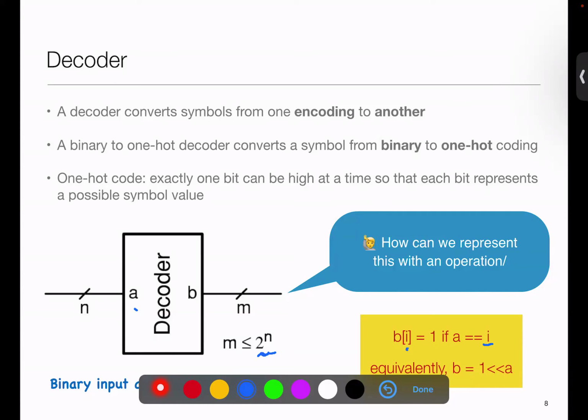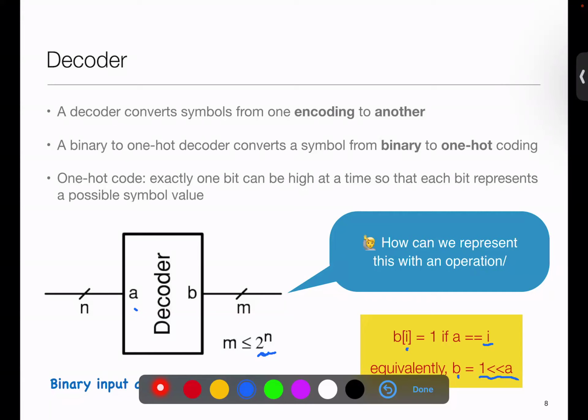Or equivalently, if you're familiar with programming languages, I can say that if I think of B as a number, because B is also a set of bits, then B has the value given out here, 1 less than A. Anyone knows what this stands for in languages like C++?